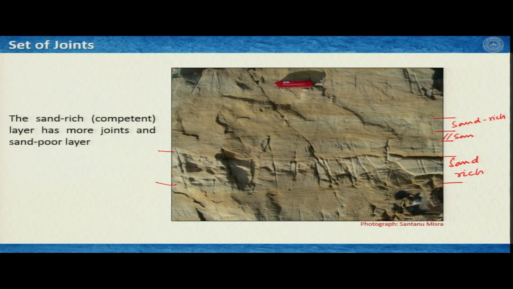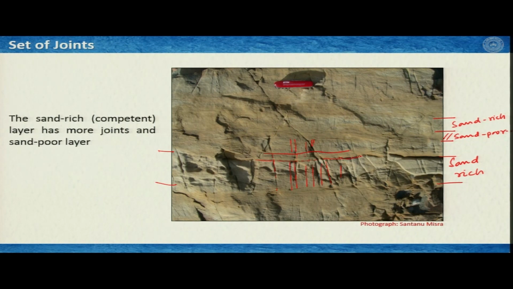We clearly see that within the sand rich layers we have more joints here, here, but this particular layer, you see some of the joints passed through this, but this one no, this one passed through this, but these two joints did not pass through this.